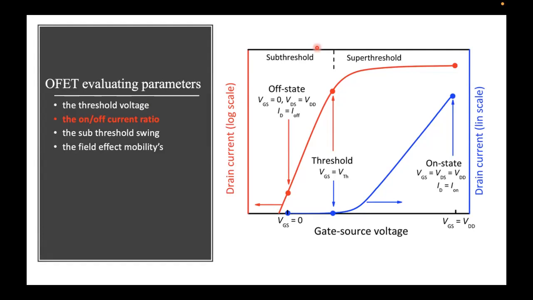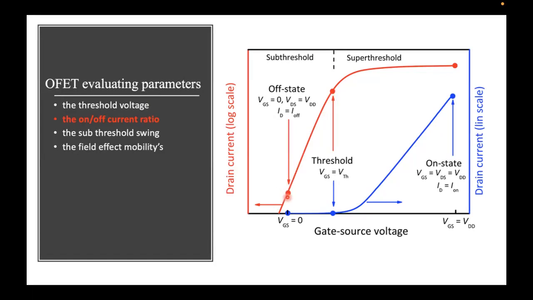So your target is usually to push this on-off current ratio to be as high as possible. So to have the highest possible current whenever your transistor is turned on, and the lowest possible current whenever the transistor is turned off. As you can see, for example, in this red curve, while monitoring the on current with respect to the off current.